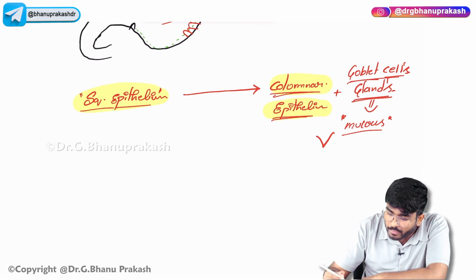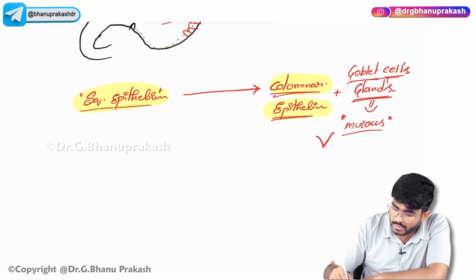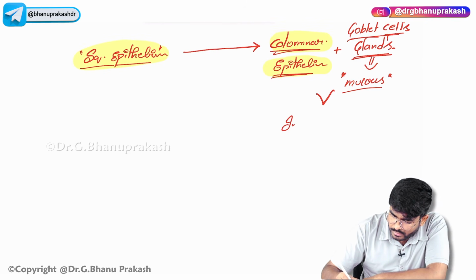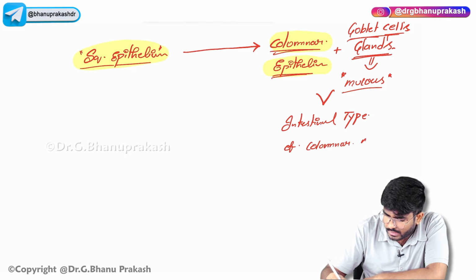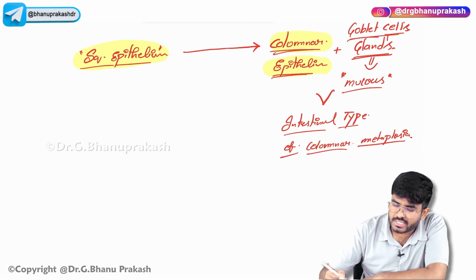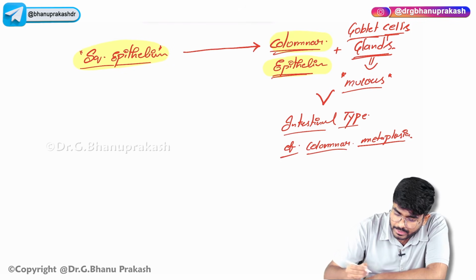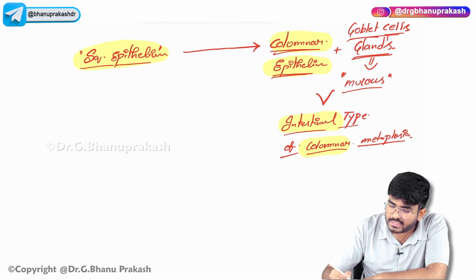So this type of metaplasia is called intestinal type of columnar metaplasia. Why are we calling it intestinal type?